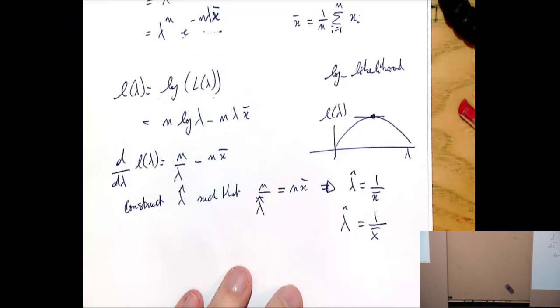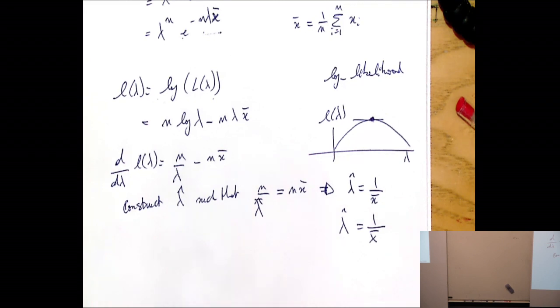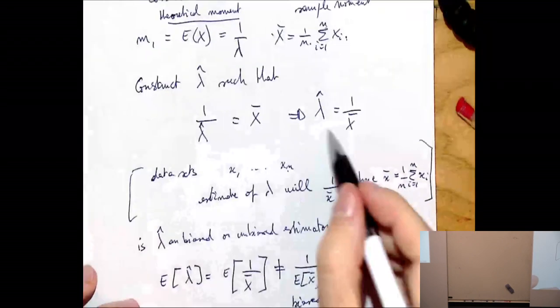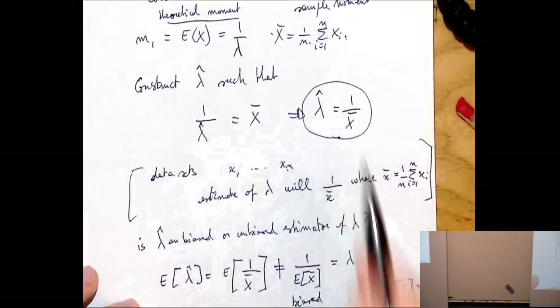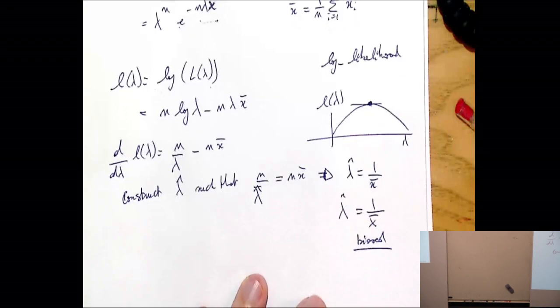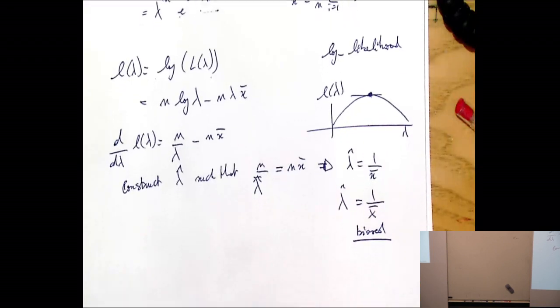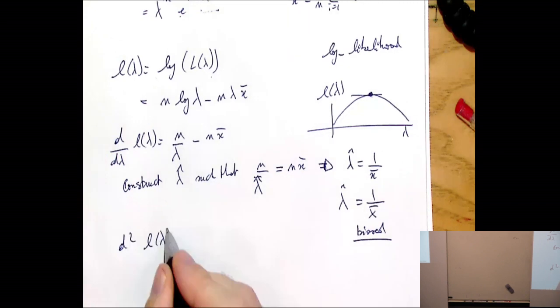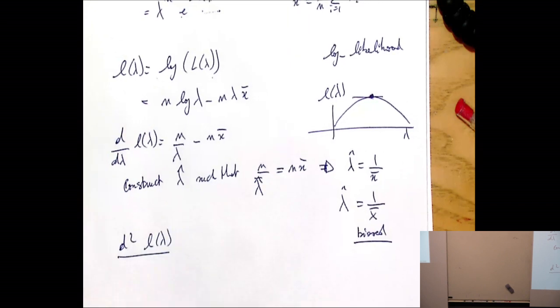So here again, you get the same estimator as we had earlier on with the method of moments. The maximum likelihood gives you the same estimator, and this is again a biased estimator, okay? One more thing you have to be careful about: you have to check that the second order derivative of this has to be negative, right?